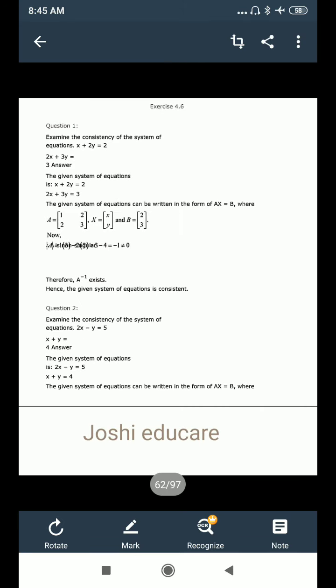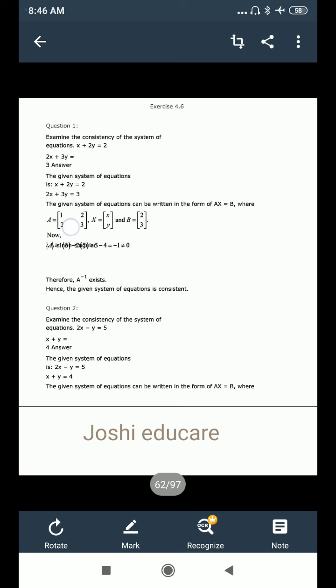Exercise 4.6. First question is examine the consistency of the system of equations. Although consistency is not in your syllabus for this year, just check it. What to do to find the consistency? It's quite simple. First of all, we will express these two equations in matrix form.